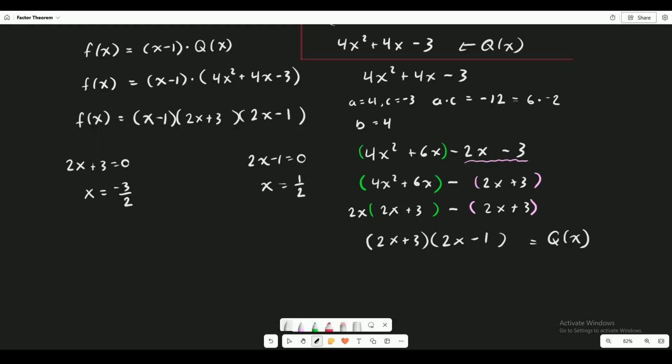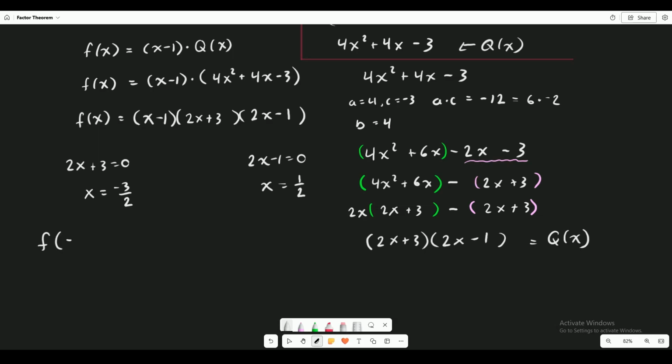Let's plug this into f of x to see if we do in fact get 0. Because if f of negative 3 halves gives us 0, then this is a factor. Okay? Let's just test it one time, and you guys can test the other one if you want.